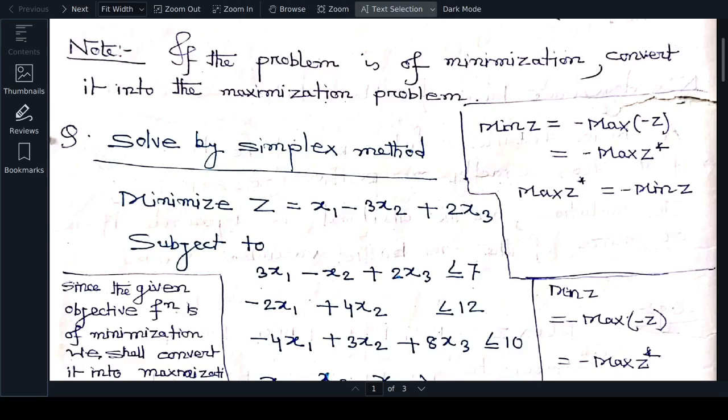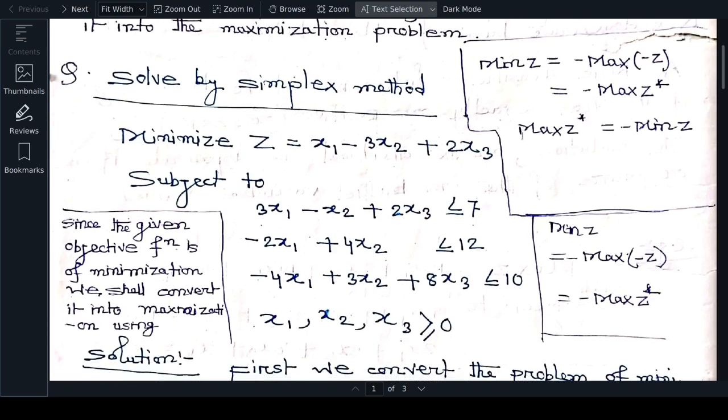If it is maximization, we solve it directly. If minimization, then you convert it into maximization. So first, you see how to solve.